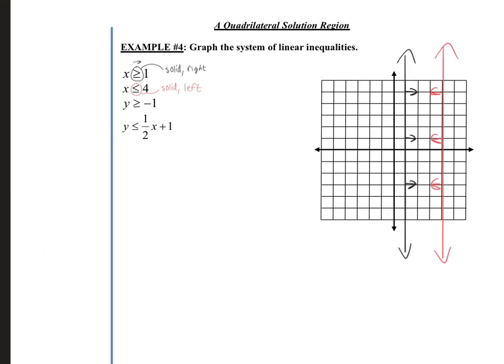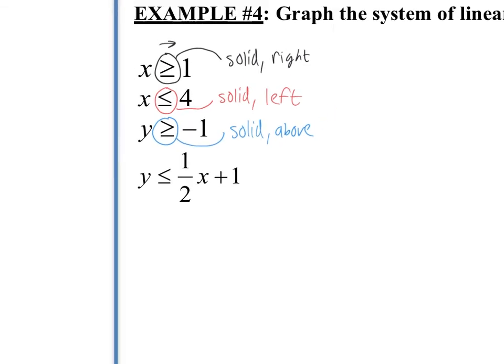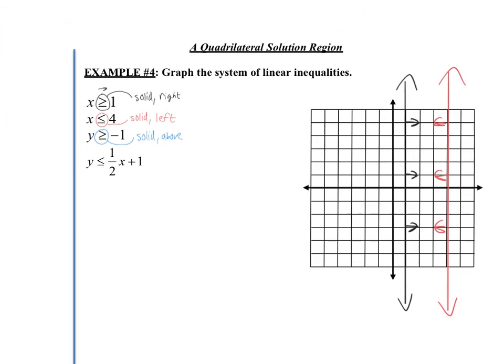All right, here's blue. We have y is greater than or equal to -1. First of all, is that solid or dashed? That is solid. Above or below if it's greater than? Above. Solid and above. So this is y equals, there's no x. It's not going to be like x plus 2 or whatever. This is a horizontal line. If you recall, it's y equals.